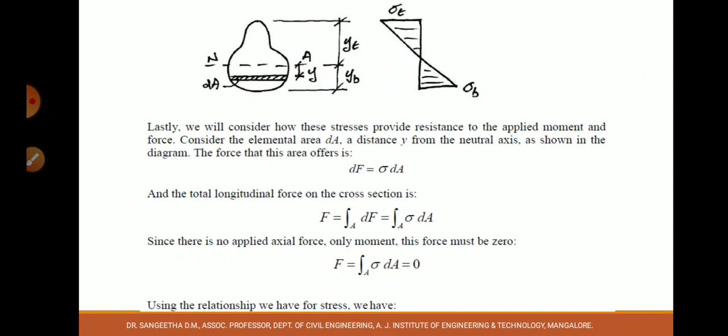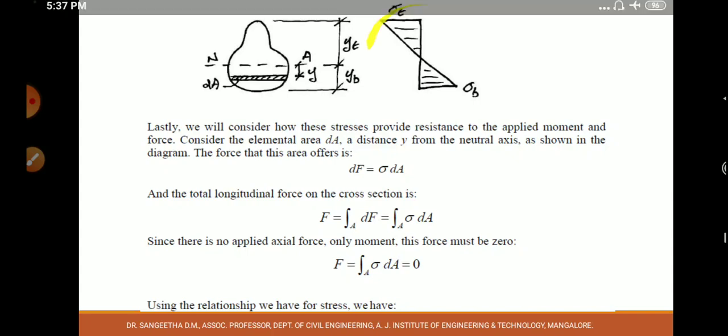Stress into area forms a moment. About the neutral axis, which divides the element into two equal parts, when you take moment about the neutral axis, both sides cancel and it becomes 0.